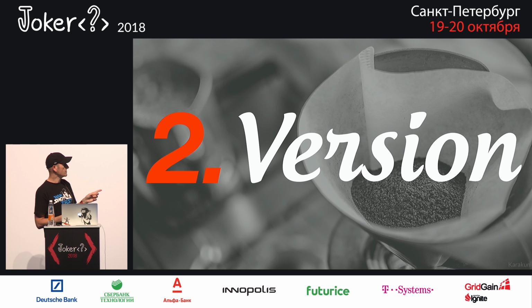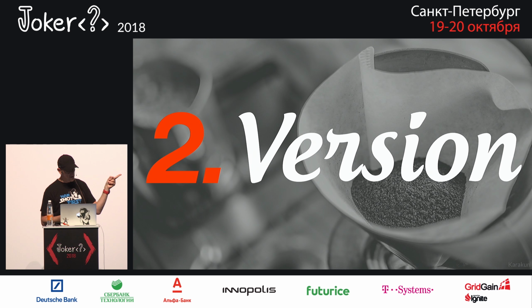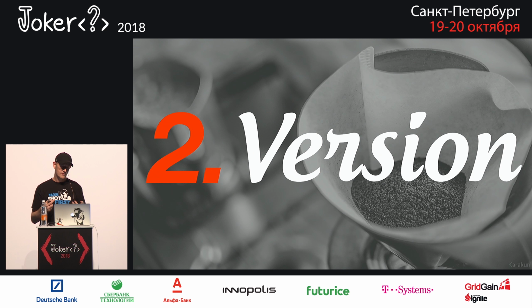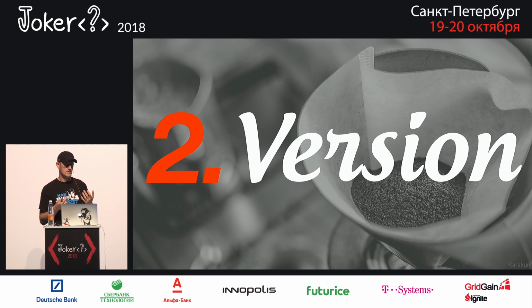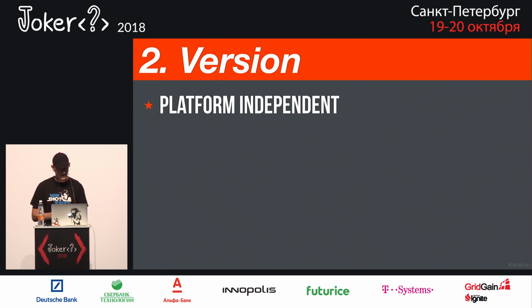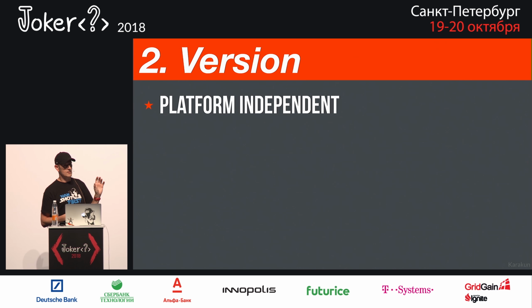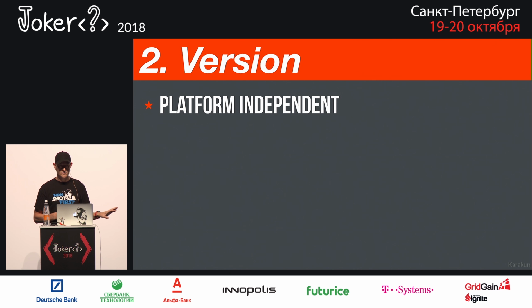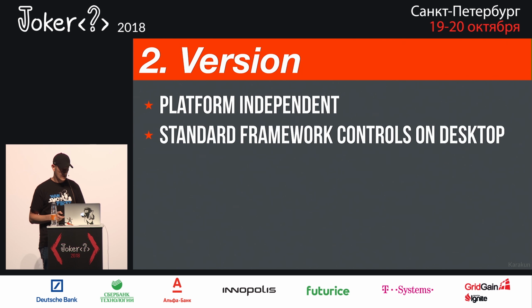So the second version, because when I saw that, and I used the coffee filter because it was really the concentrate of the first version, I thought, why not use a mobile phone and create one control on the mobile phone in a native app for each representation on the desktop, right? So let me explain it to you. I would like to create something that is platform independent and framework independent. I don't care.